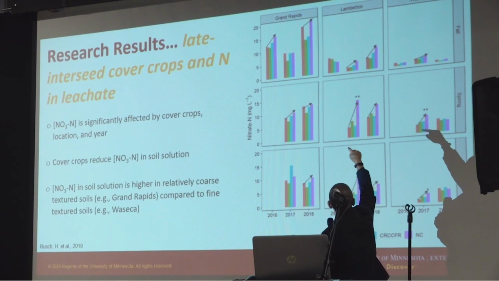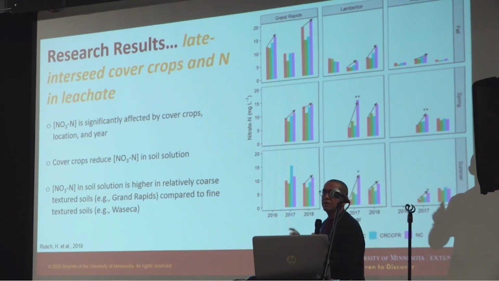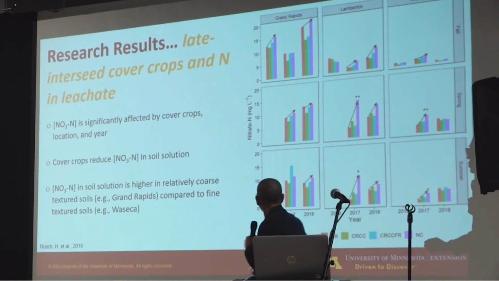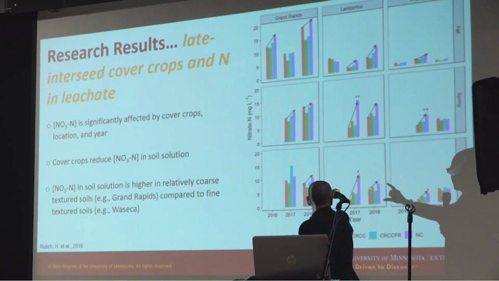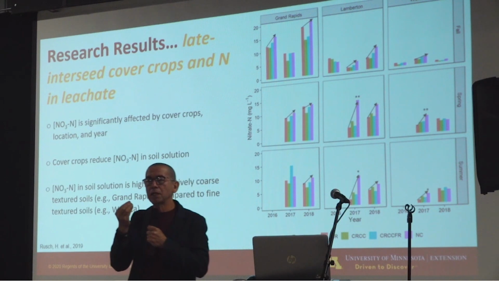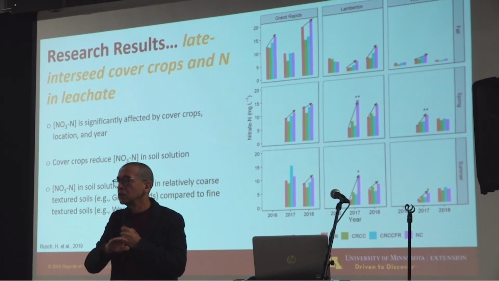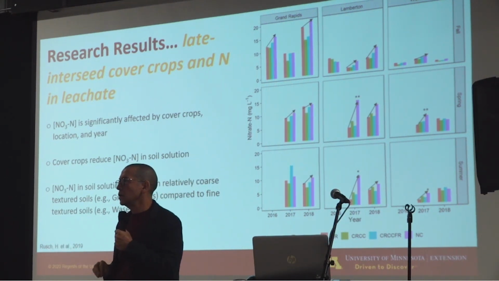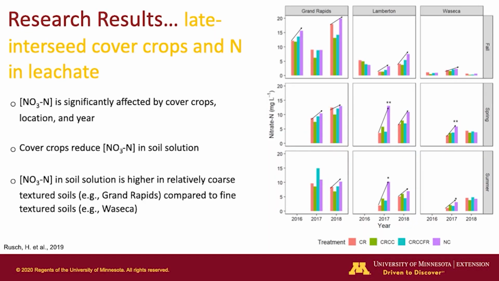Those stars there mean significant difference. So this pink bar here is the concentration of nitrate in the plots where we had no cover crop. So how do we interpret that? It means that the higher the nitrate there at 3 feet, the higher the possibility that we are losing nitrogen, and we are eventually polluting the environment.